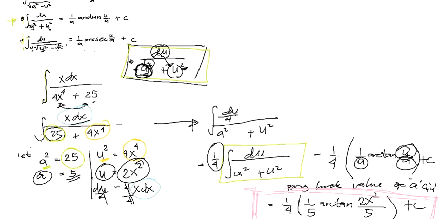Okay, so once again, let us review. We start here: we need to integrate x dx all over 4x^4 plus 25. You cannot directly use the formula, but we can do the algebra. By doing so, we first change the place of the constant and the 4x^4. Then we let this whole term be equal to a squared, which is equal to 25, and we get the square root of this in order to get the value of a, which is equal to 5, as well as our u.